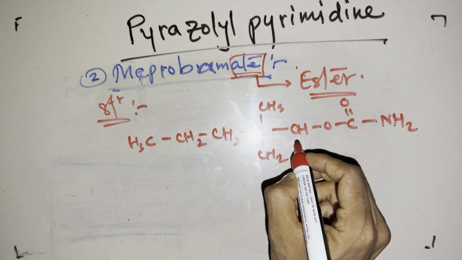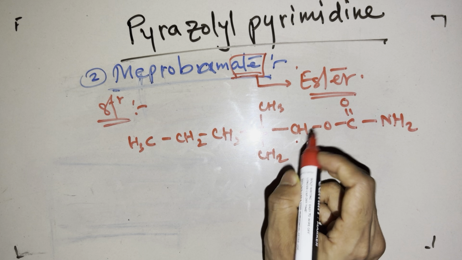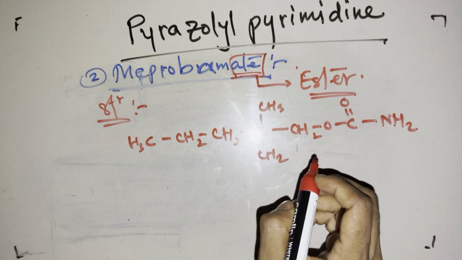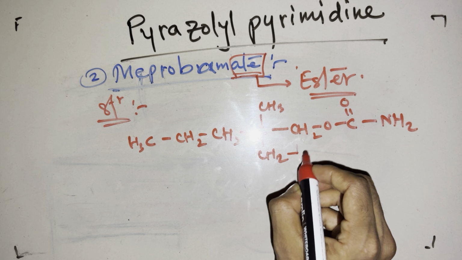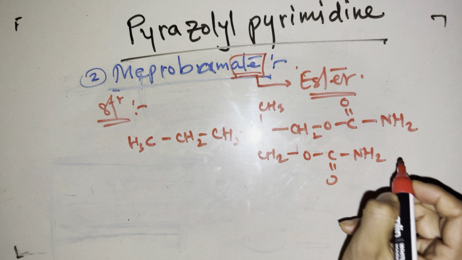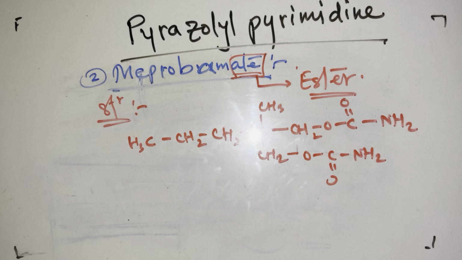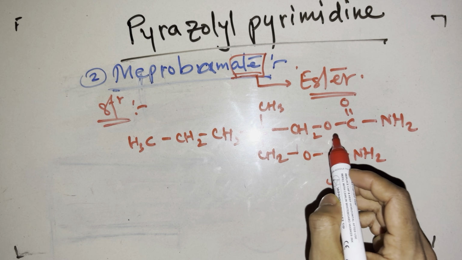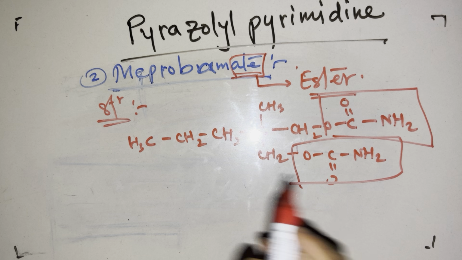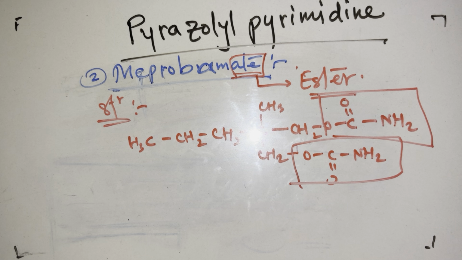Now this CH 1, 2, 3, 4, CH2 here, and this CH2 is connected to O, C double bond O, single bond NH2. What does it mean? It means that these two functional groups are called carbamate. That's why it is called carbamic acid ester.